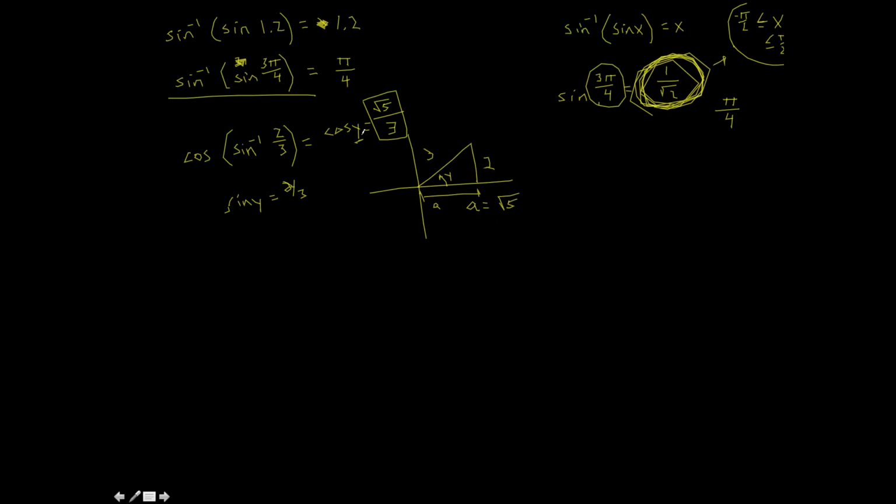Basically what we're doing is drawing your reference triangle so that cosine of y equals this. Excuse me, I'm so sorry. So once we draw that reference triangle and use it to find our cosine value of square root of 5 over 3, we're able to find the cosine of that inverse.